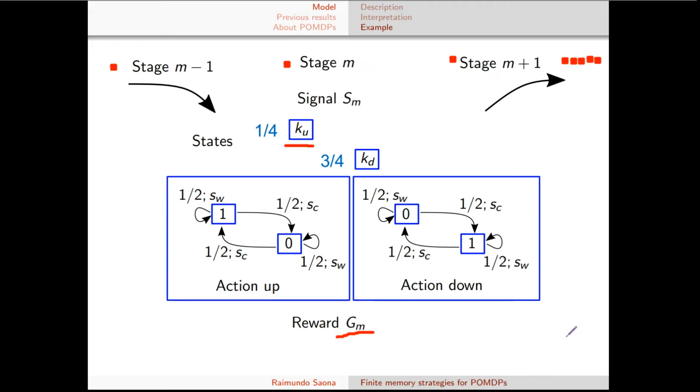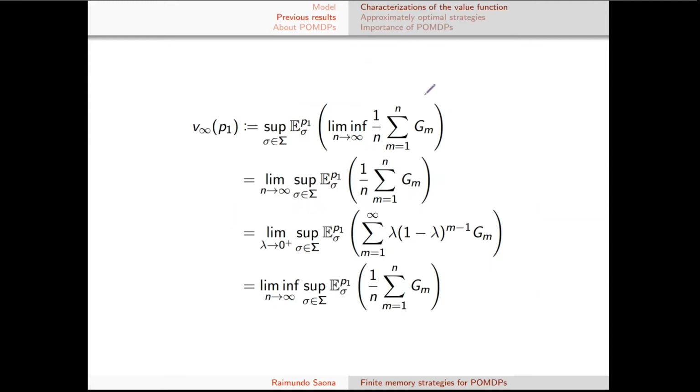A standard long-run objective is the expectation of the inferior limit average reward, which is given by the following formula, where g_m is the stage reward, this is the lim inf of the average reward, and then the expectation, which is defined by an initial distribution p1 and a strategy sigma. The value is the supremum over all possible strategies.